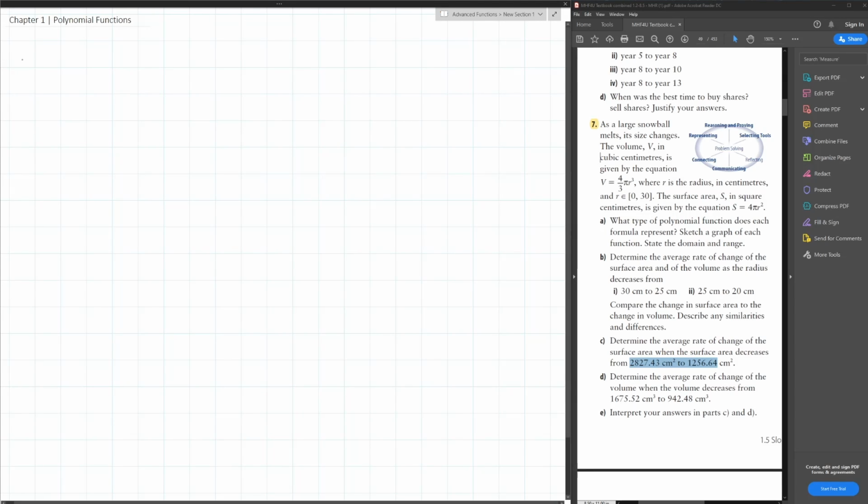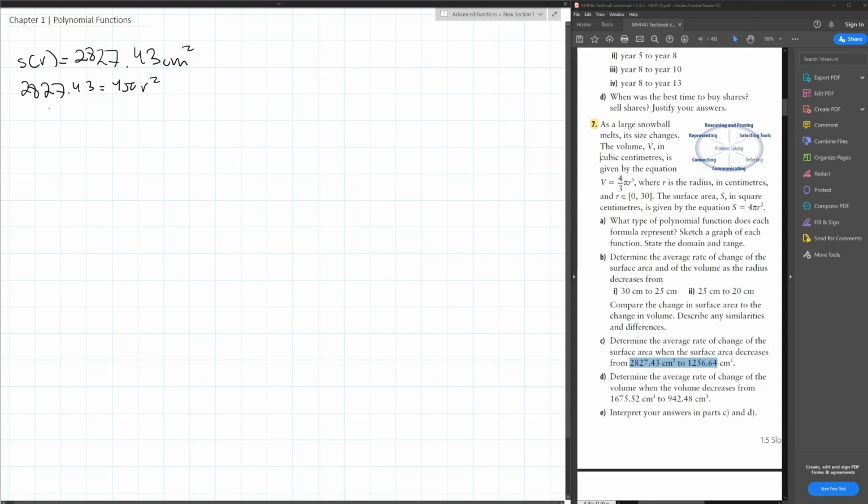So what we have is the surface area of something equals 2827.43 centimeters squared. So what we could easily do is just solve the equation. 2827.43 is equal to 4 pi r squared, which would mean that we just divide both sides by 4 pi.